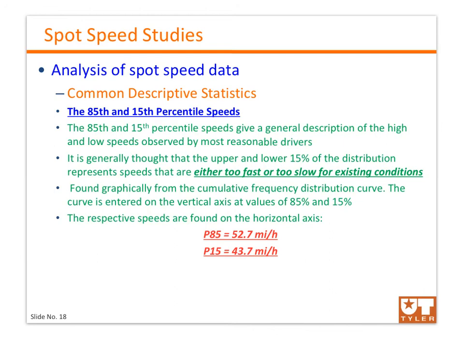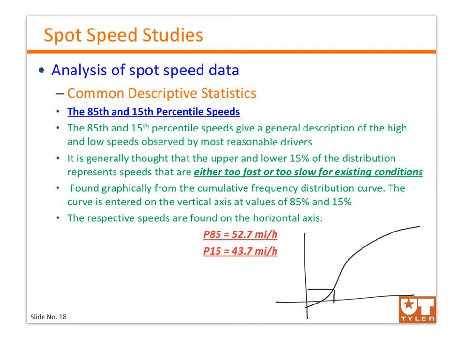You can find these two numbers graphically from the cumulative frequency distribution curve. If I draw it here, this is the cumulative, so it starts from 0 and goes all the way to 100. Basically, you need to enter on the vertical axis at 85 and 15%. So 15% is going to be here.